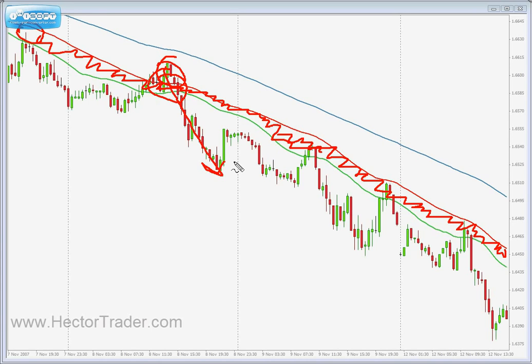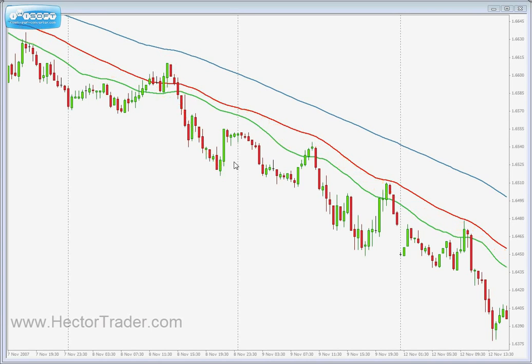In my opinion, there is no need to take every single trade, to trade every single swing or every single trend. There are so many trading signals across the board, so many currency pairs, so many time frames, that there is always a nice trading opportunity somewhere out there.